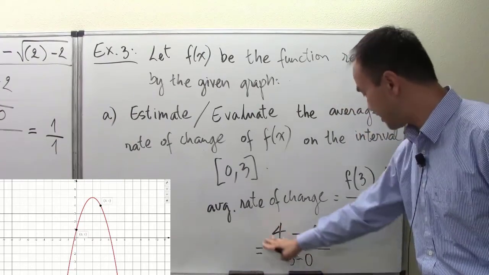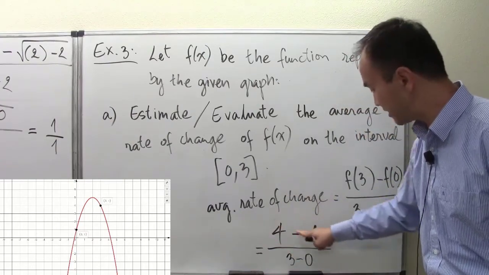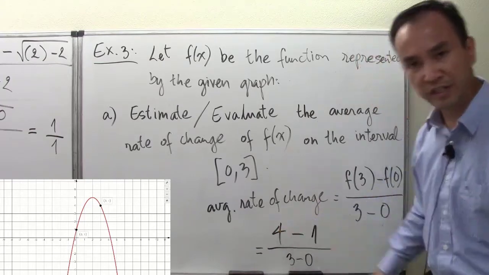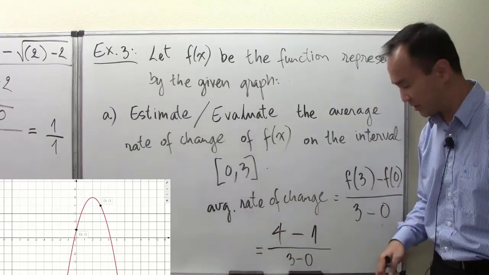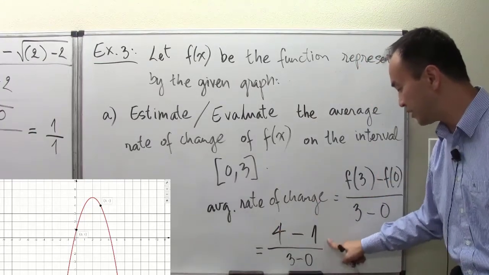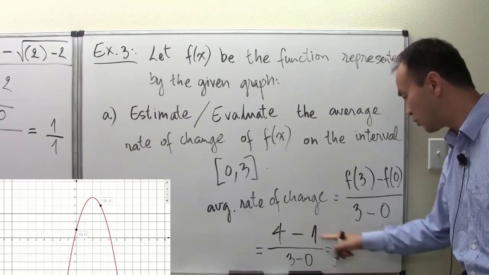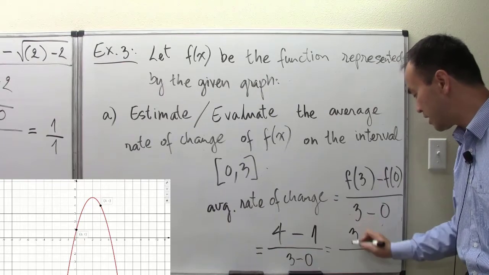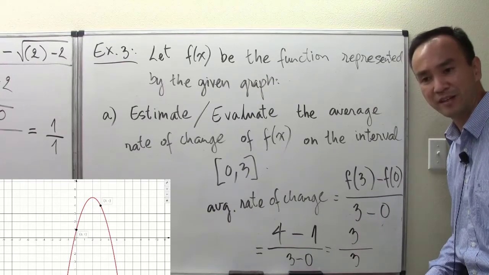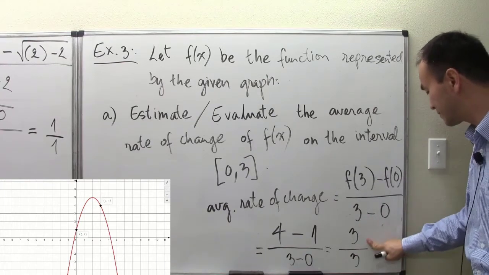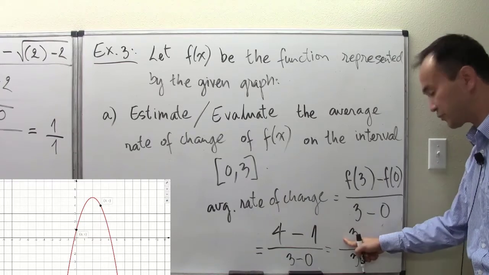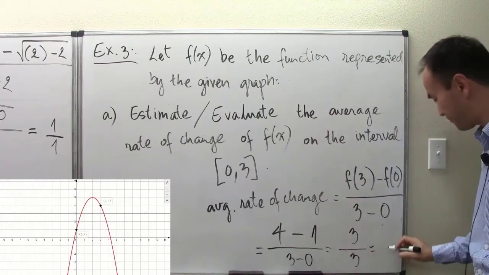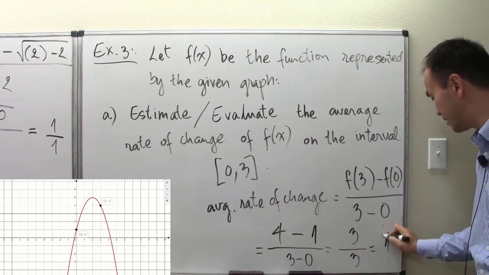Everything now is an estimate, especially those two values. In the end, we're looking at 3 over 3, a rise over run, so it's a positive 1.